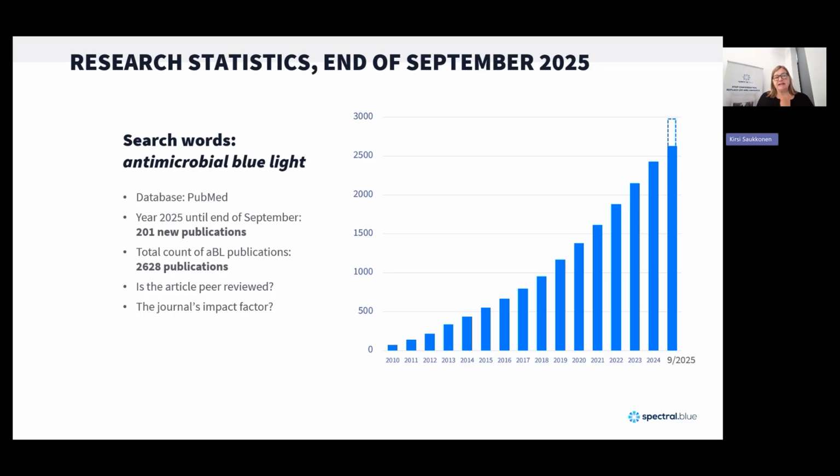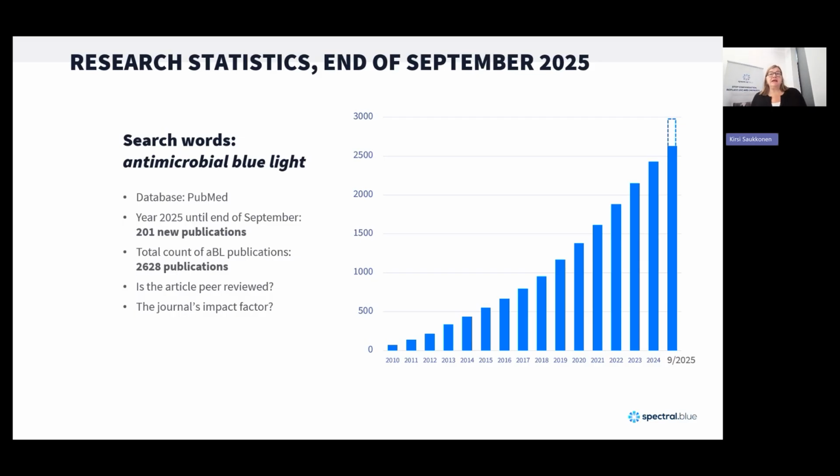And the answer is yes. Here you can see the increase of the articles published from 2010 to September 2025. This year until end of September we have 201 new publications, and total publications is almost 3,000, I would estimate, by the end of this year.